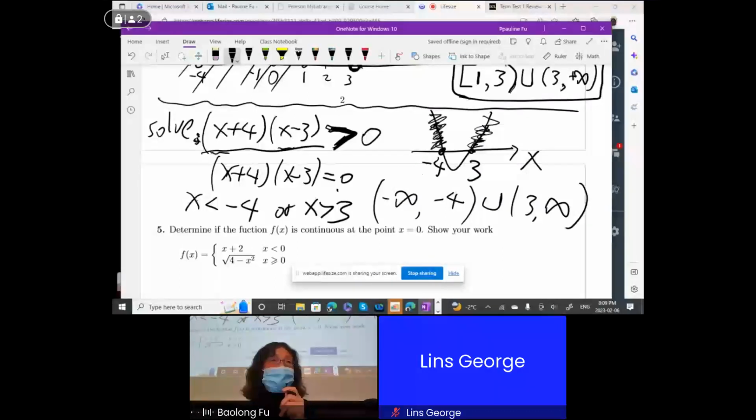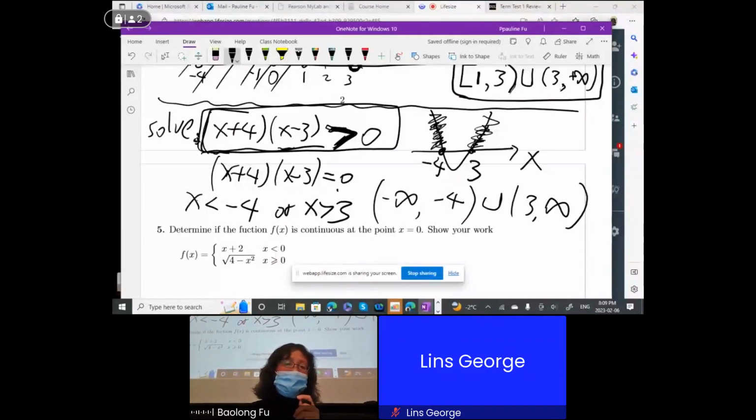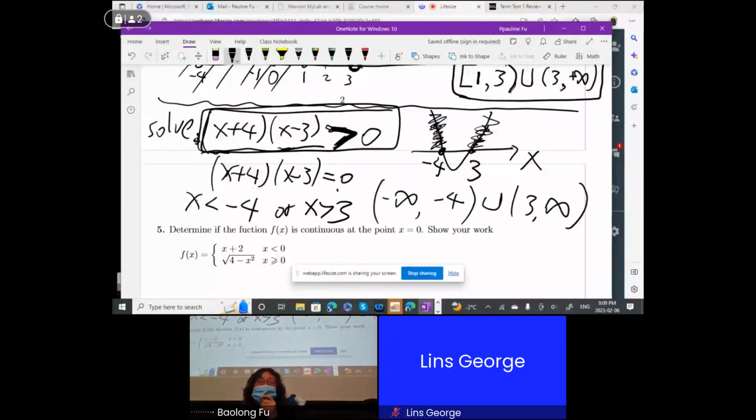If you take x from smaller than -4, or take x from greater than 3, you will have this greater than 0. And this is the fast way to solve quadratic inequality.